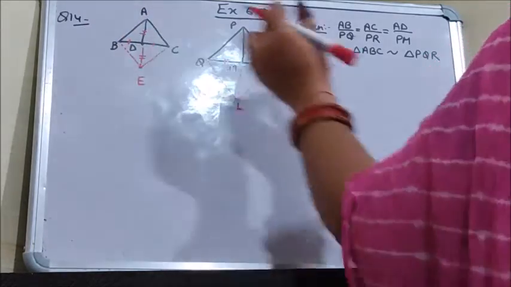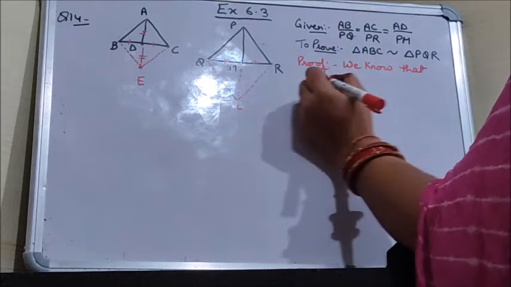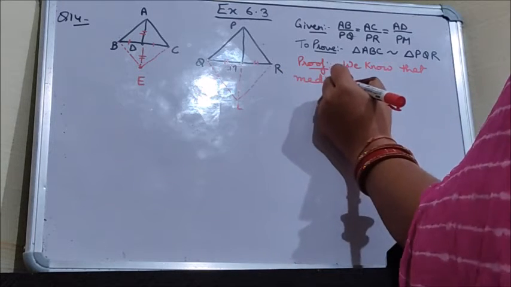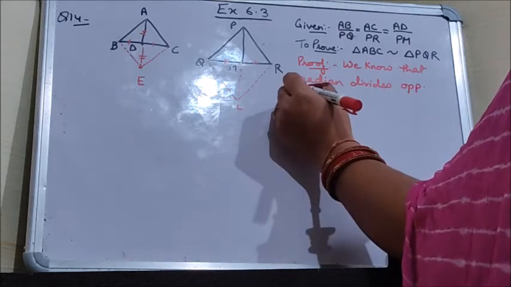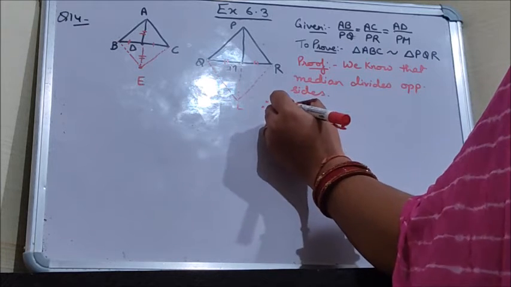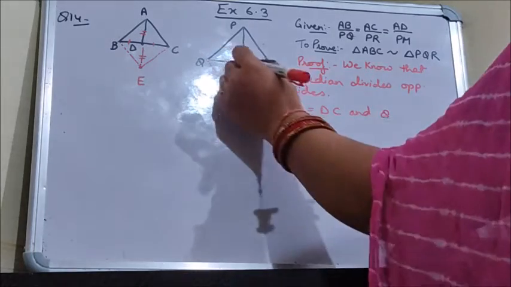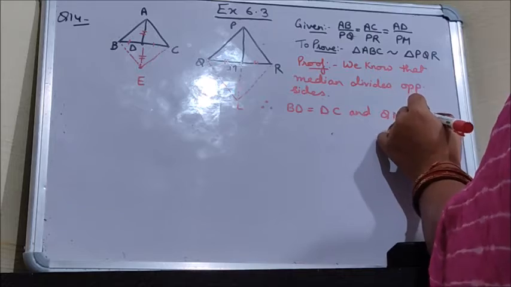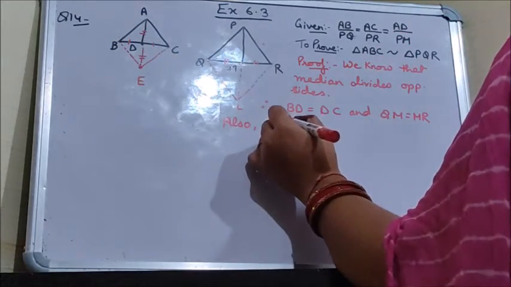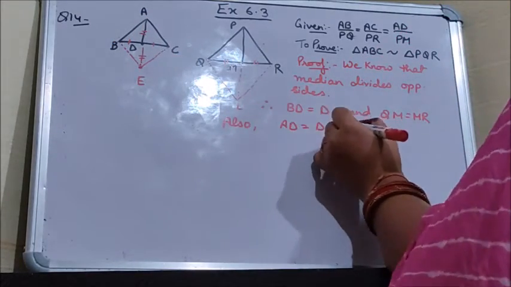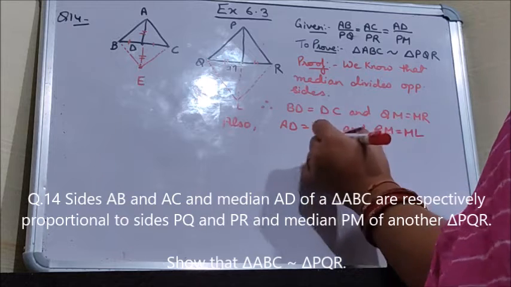Therefore, BD is equal to DC and QM is equal to MR. Also, AD is equal to DE and PM is equal to ML as per construction.